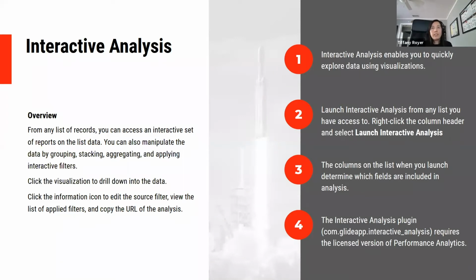Interactive analysis enables you to quickly explore your data using visualizations on the fly without needing to create a report on your own. You can launch interactive analysis from any list of records that you have access to. You would just right-click the column header and select Launch Interactive Analysis.